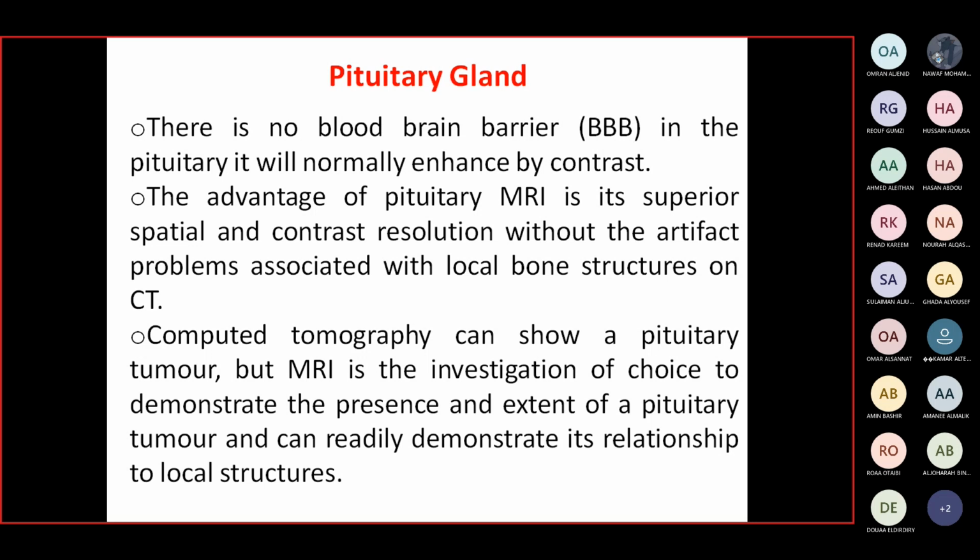This means when we give the patient contrast, the dye that is given intravenously, as in imaging of the pituitary gland, this contrast circulates in the blood and can enhance the pituitary gland because there is no blood-brain barrier.